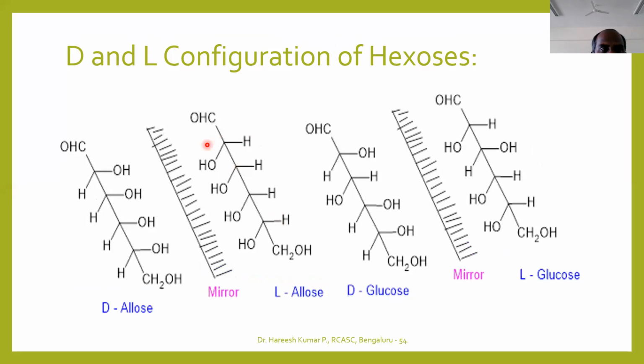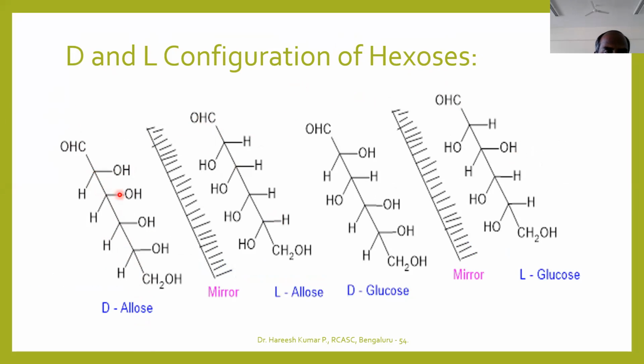So this is the D and L configuration of hexoses. I think you are aware of hexoses. Hexoses means six carbon atoms, so 1, 2, 3, 4, 5, 6. Six carbon atom containing sugars are called hexoses.